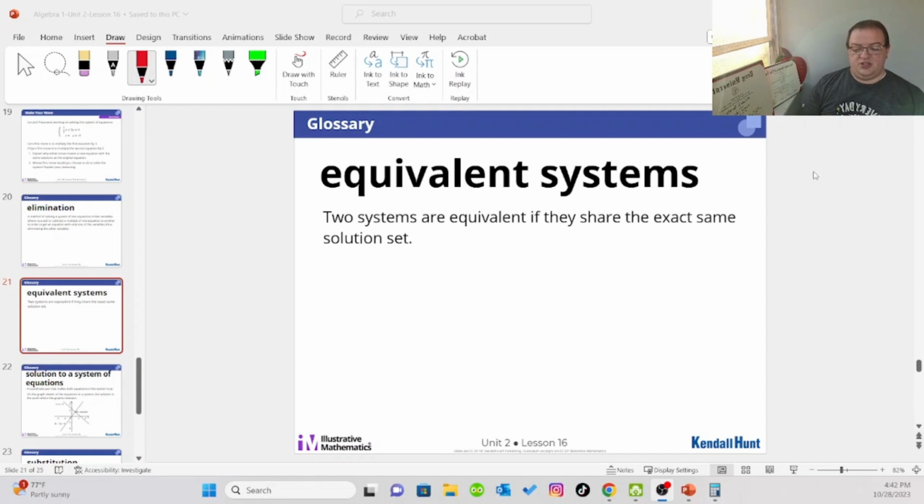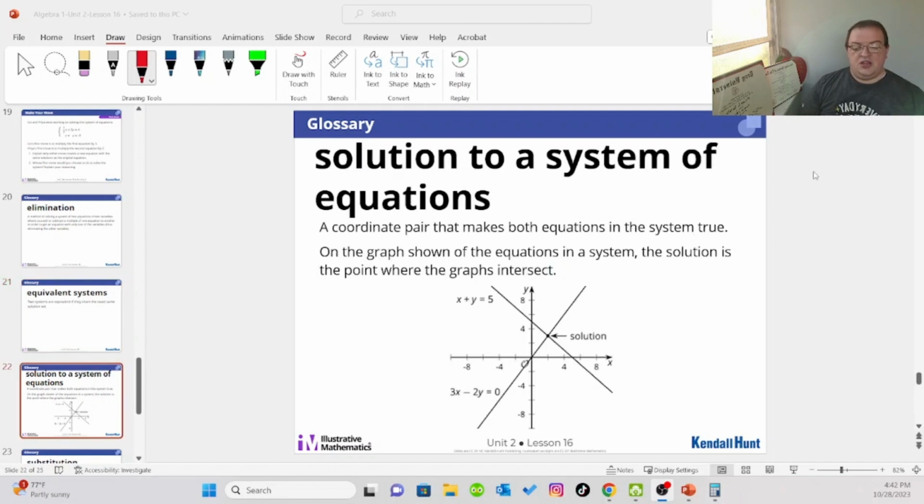Equivalent systems. 2 systems are equivalent if they share the exact same solution set. Solution to a system of equations. A coordinate pair that makes both equations in the system true. On the graph shown of the equations in a system, the solution is the point where the graphs intersect.